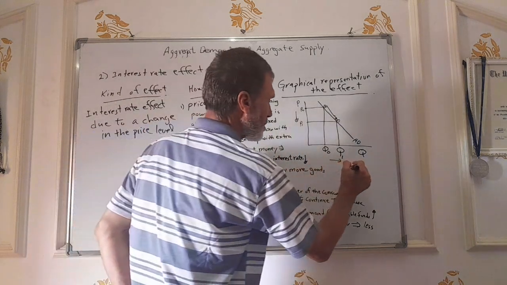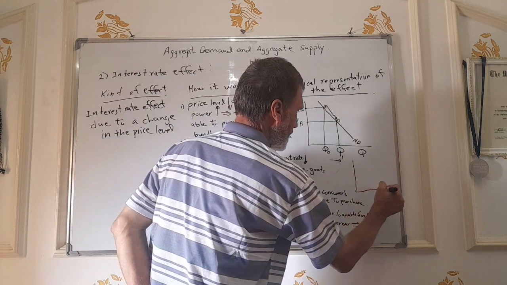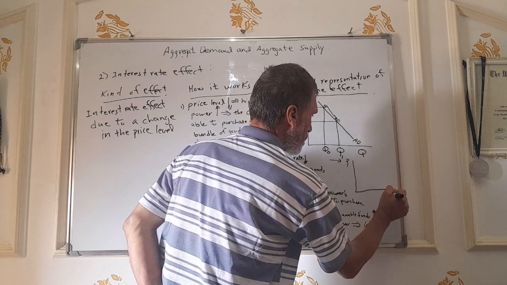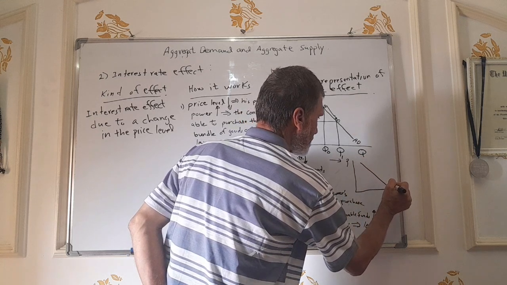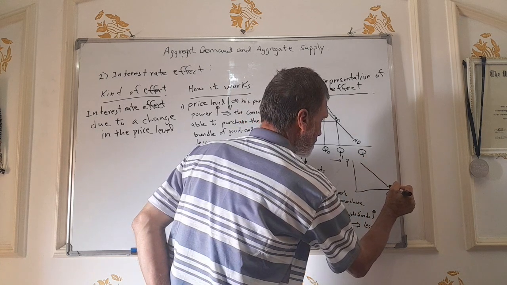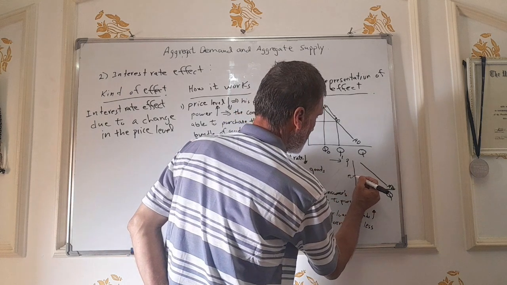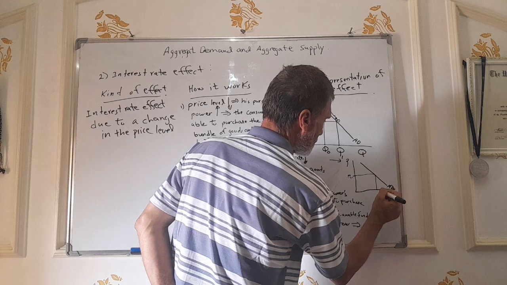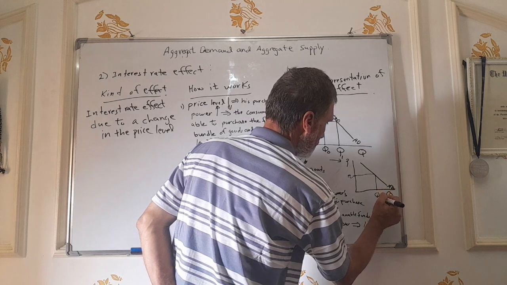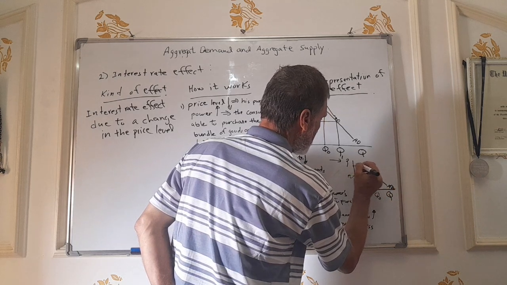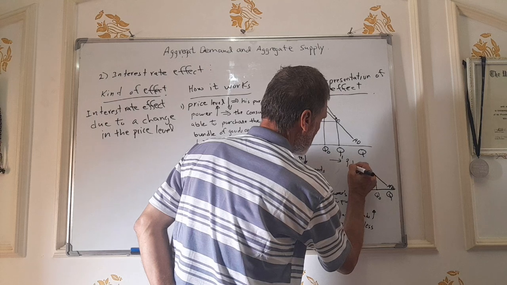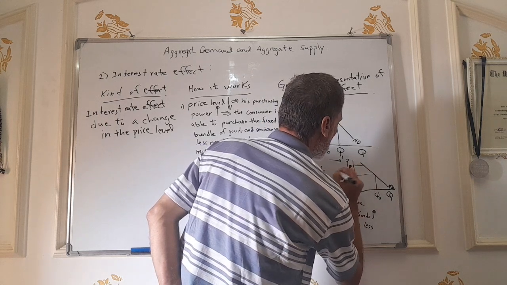So the second one, as you can see, this is the price, this is the quantity, this is aggregate demand. So now what happens? The price level was here, P0. He used to demand this much, Q0. Now when the price level increases to P1, what happens?